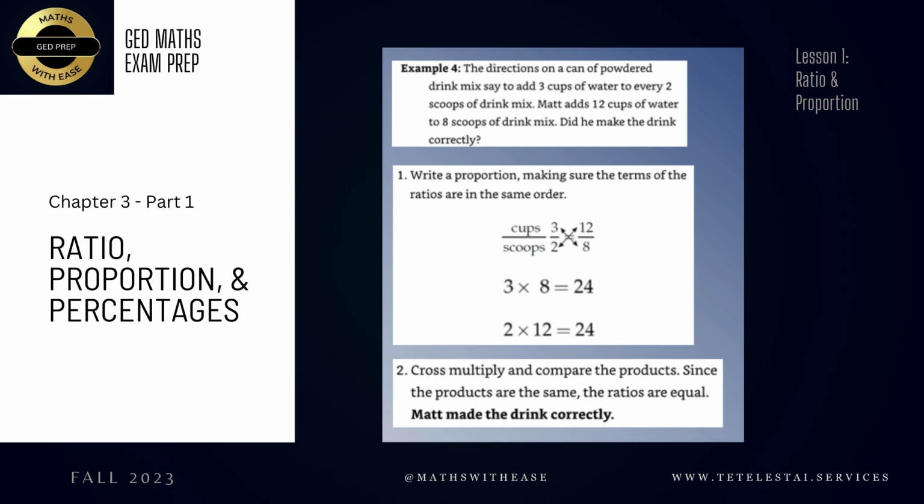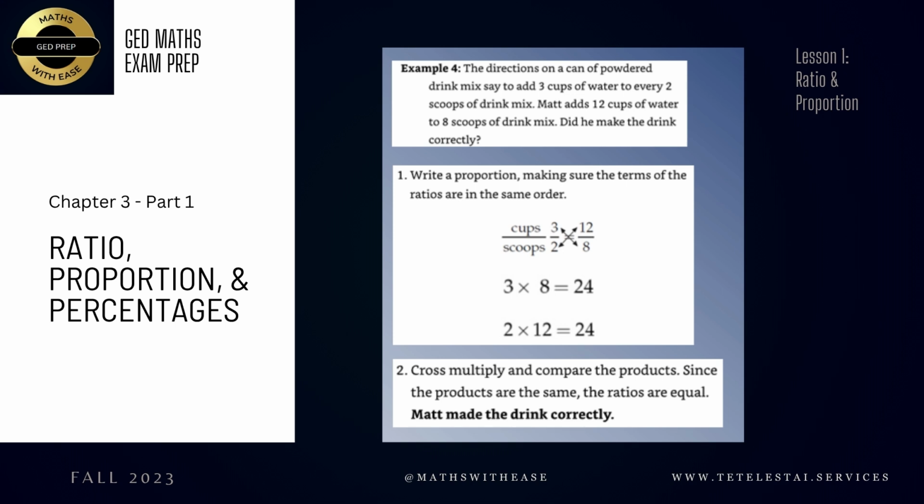Because the 12 cups of water, he figures, will be enough to cover all the people he's trying to share the drink with. And he's going to need about 8 scoops of the drink mix so that it tastes correctly and has enough concentration to heal whatever ailment they have, we're imagining, right?